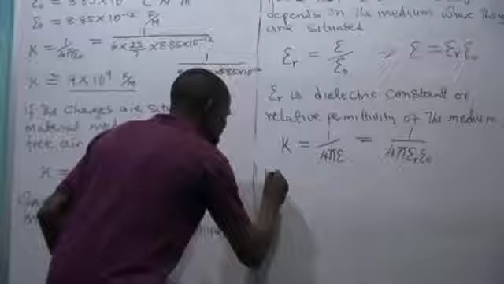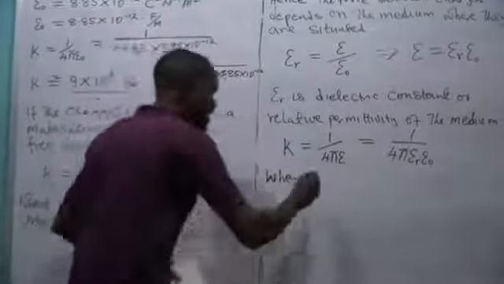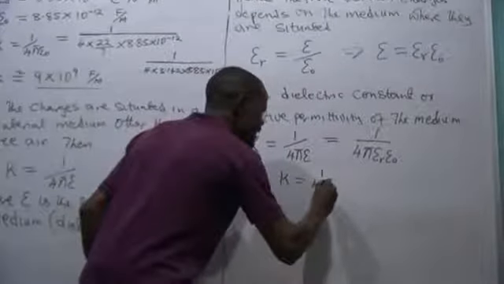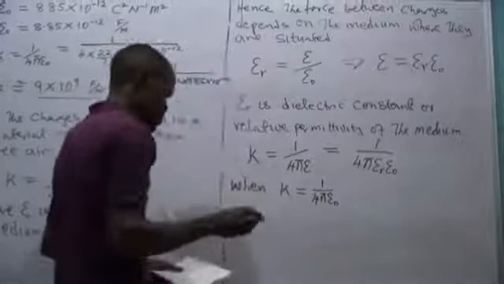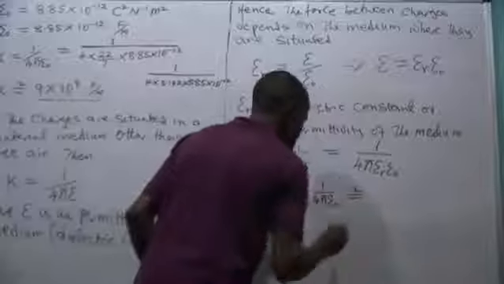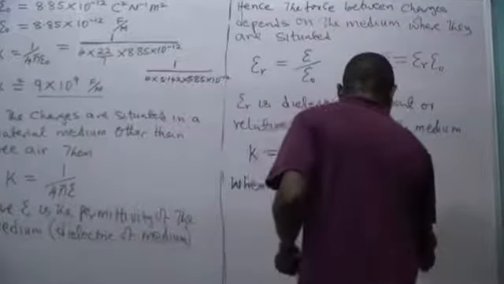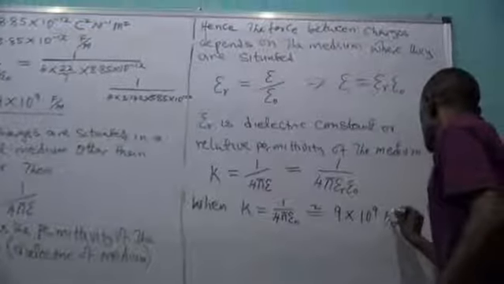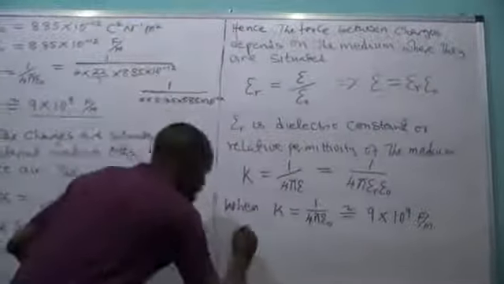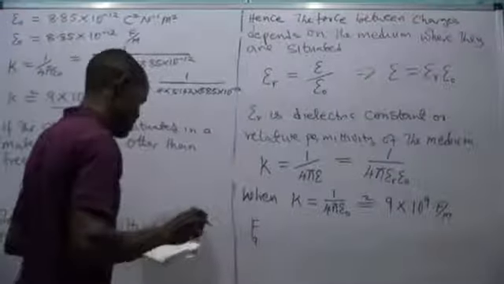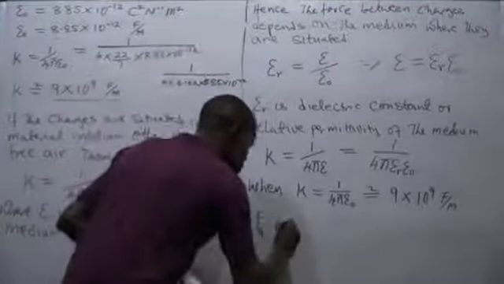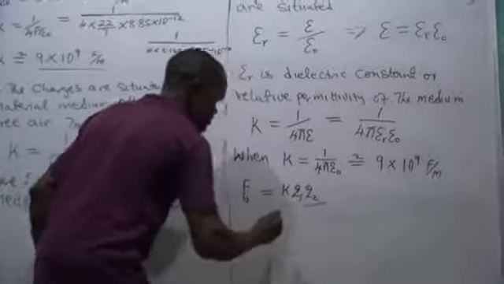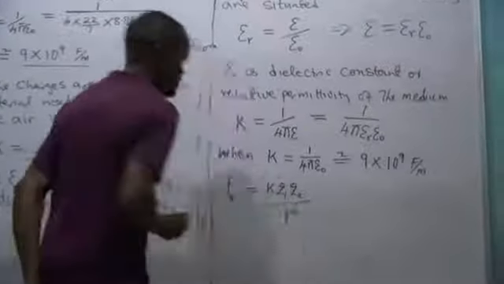We started by saying when K is equal to 1 over 4 pi epsilon O, which is approximately 9 times 10 raised to the power 9 farad per meter. F_A is equal to K Q1 Q2 all over R squared.